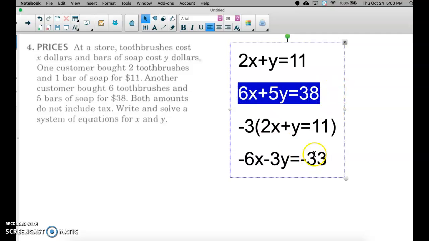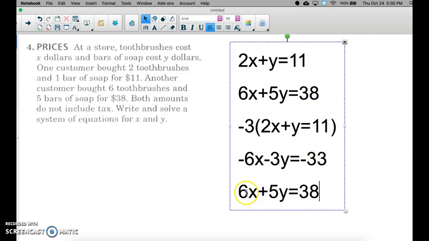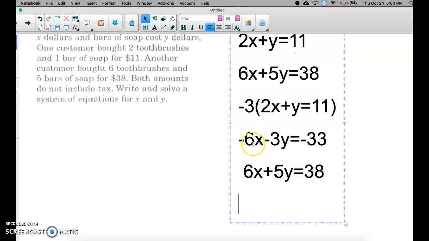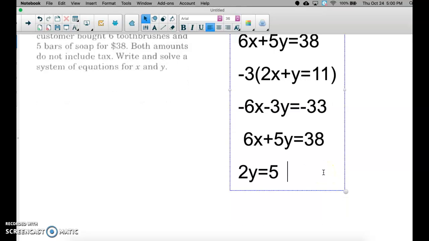Then I'm going to bring that second equation down, and I'm just going to add down. When I do this, my x's are eliminated, they're canceled out, and I then add the rest. I get -3 plus 5, I get 2y, -33 plus 38 is 5, and I get y equals 2.5.